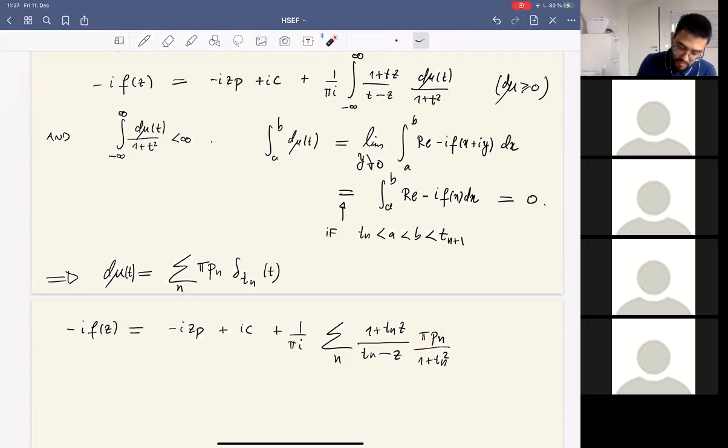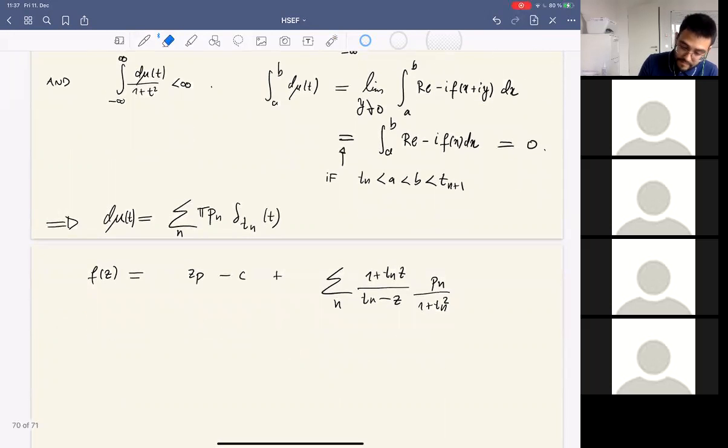And I can also multiply everything by I, so as to cancel this and this. So let me do that already. So I multiply everything by I. So this would be minus C. And this will go away. And we have this pi here, which I will cancel with this guy. So we get this clean formula.